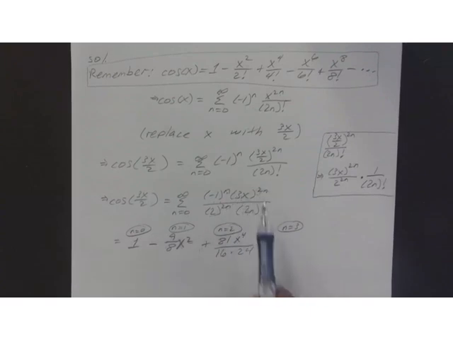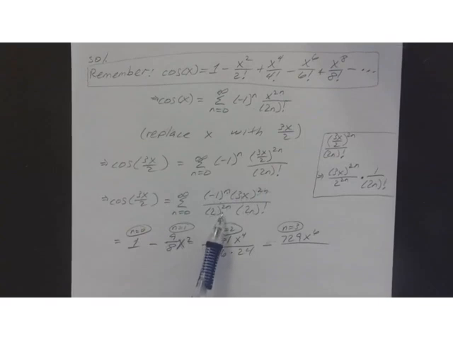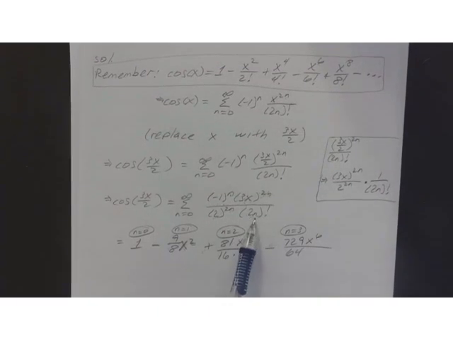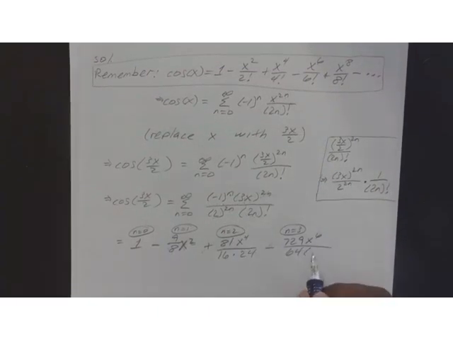So we have 3 to the 6th power. So that gives us 729 times x to the 6th power divided by 2 times 2 to the 2 times 3 power, which is 2 to the 6th power, which is 64, times 2 times 3 factorial, which is 6 factorial.